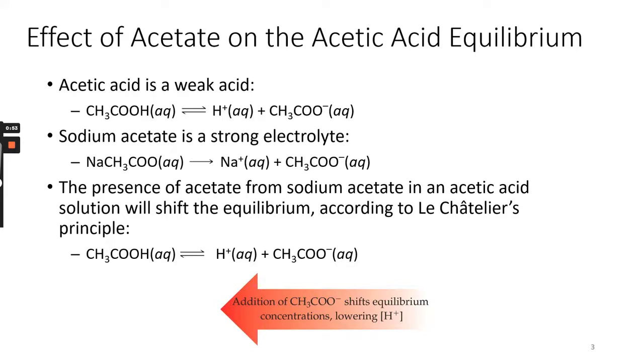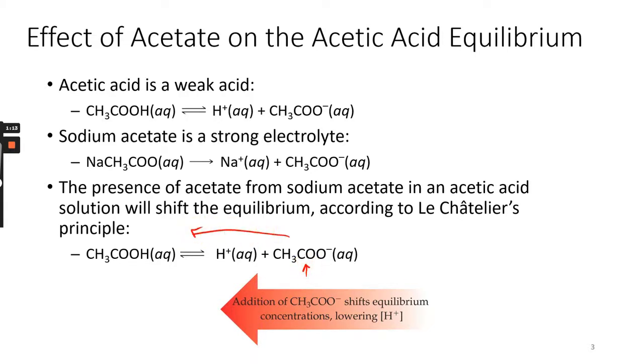So acetic acid is a weak acid, and we have our equilibrium reaction for it. Sodium acetate is a strong electrolyte, so it'll break up into sodium and acetate. The presence of the acetate from the sodium acetate will shift the equilibrium to the left, right? So if you're increasing this, it will end up shifting it to the left.